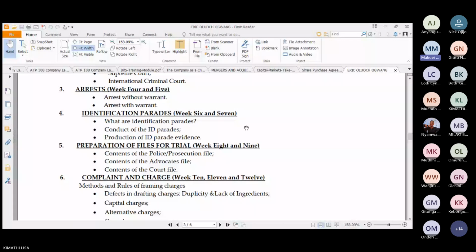Then you go to the first page, where you'll have the date, then the name and rank of the judicial officer presiding over the trial, name, rank, and designation of the prosecutor, name of the accused person or accused's counsel, whether the accused is present or is represented by counsel. The fact that the accused is present should be recorded, name of a clerk, name of an interpreter.